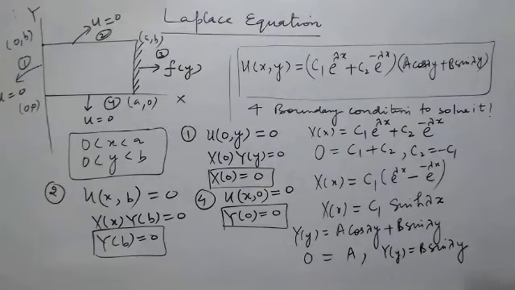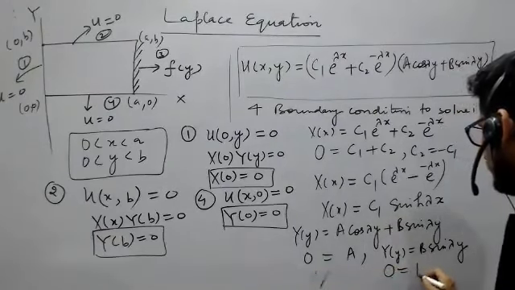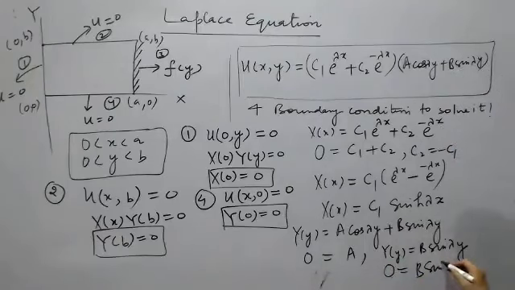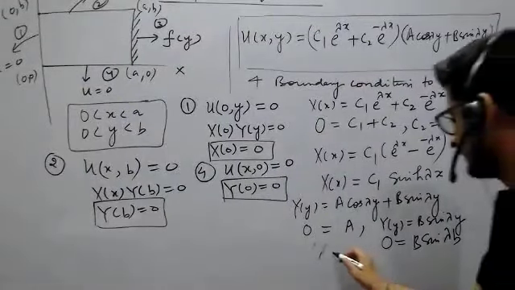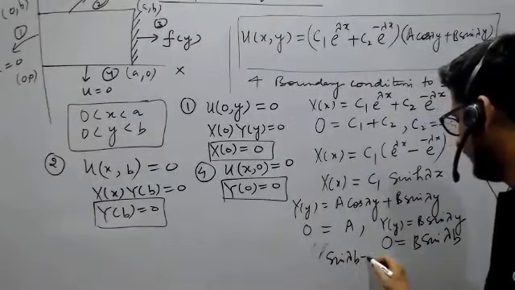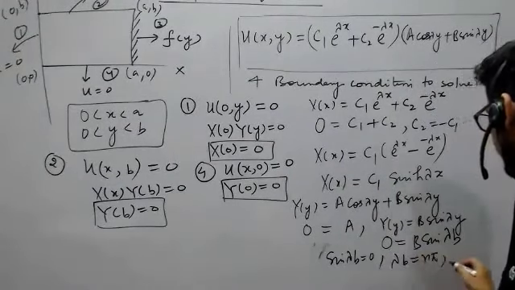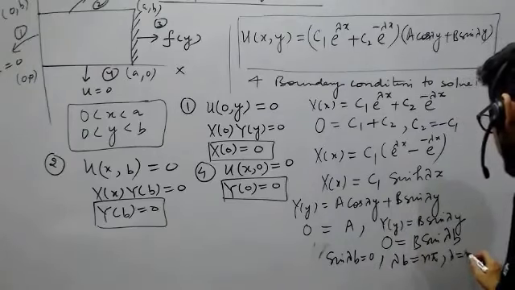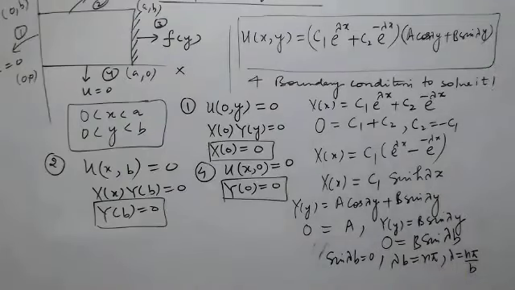And then Y(b) is also 0. So 0 is equal to B into sine lambda b. So this gives me sine of lambda b is equal to 0. That means lambda b is equal to n pi, so lambda is equal to n pi by b.